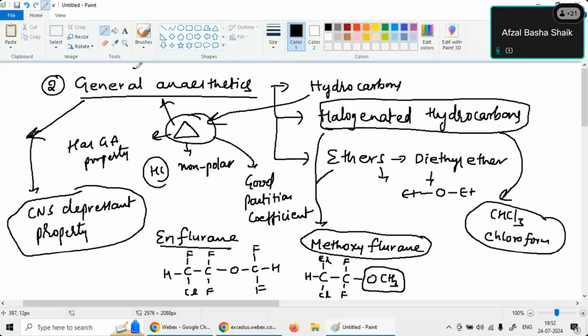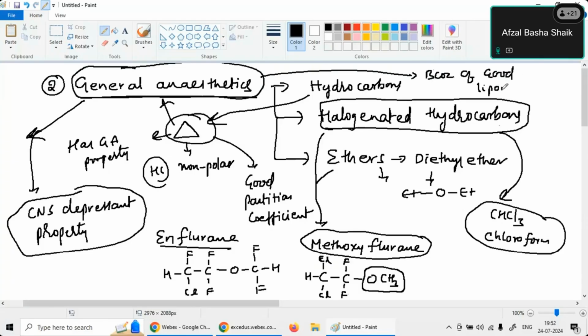So overall, what is the thing? All these compounds have general anesthetic property because of what? Lipophilicity, right? I told that halogens will increase the lipophilicity, ethers will increase the lipophilicity, hydrocarbons will improve the lipophilicity.